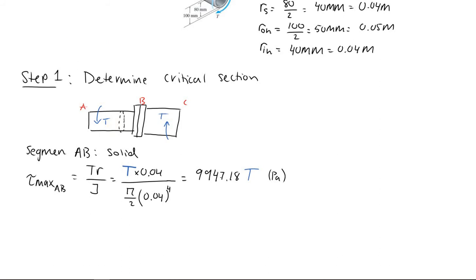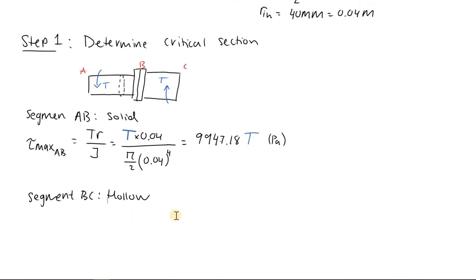Then we want to investigate our hollow segment, so this segment BC, hollow. My maximum shear stress in BC is my torque times the radius.